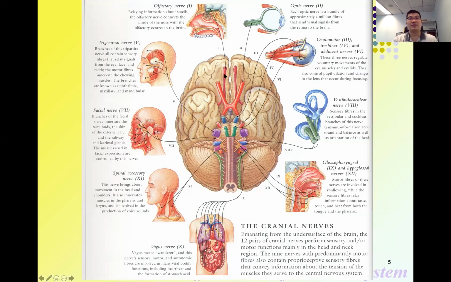Now, a little bit special here is that these two are not coming from the brainstem. One is the olfactory nerve, and another one is the optic nerve. The olfactory nerve is right inside the nose.